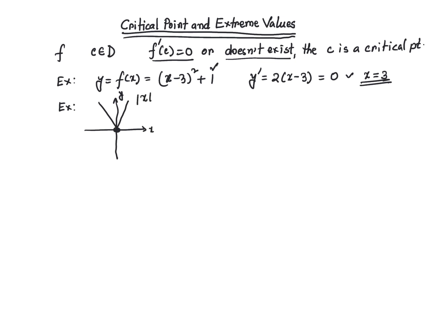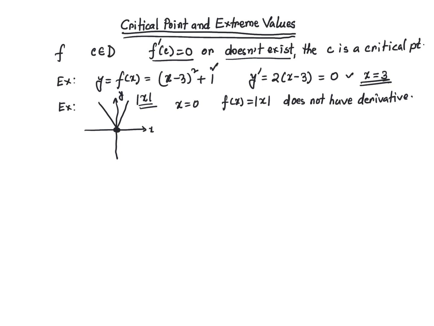Now at this point, as you know, at x equal to 0, f of x equal to absolute value of x does not have a derivative. So what does it tell you? It tells you that x equal to 0 is a critical point for this absolute value function because the derivative does not exist.